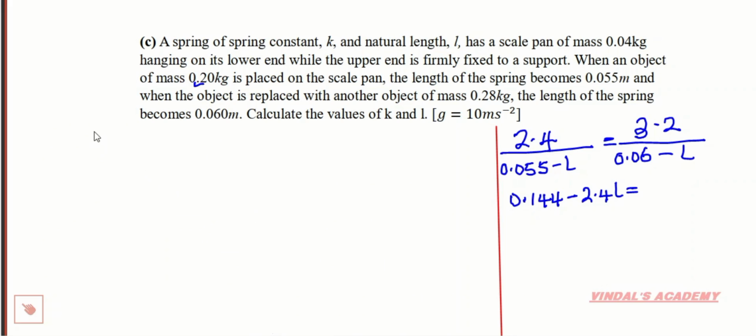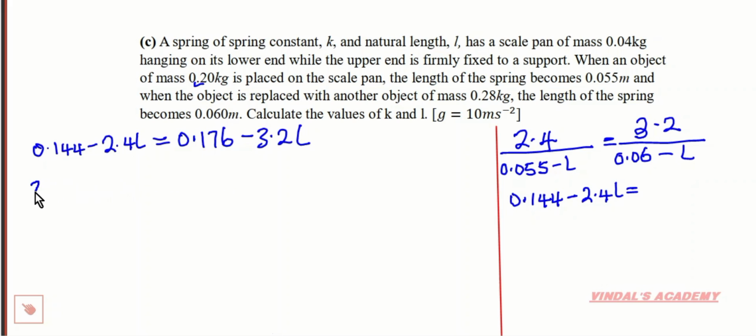So 0.144 minus 2.4 L is going to be equal to 0.055 times 3.2, which is 0.176 minus 3.2 L.